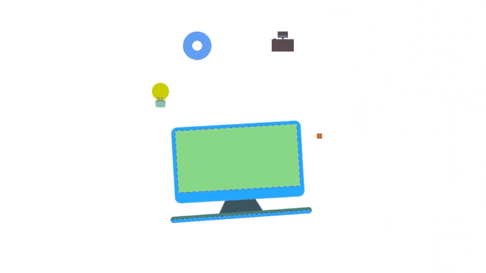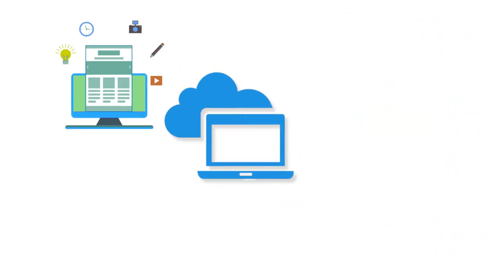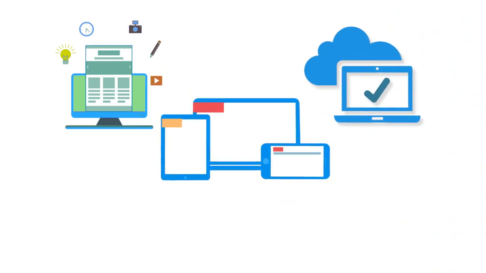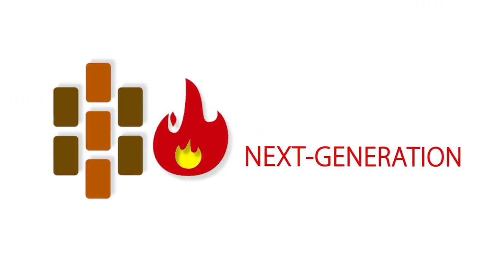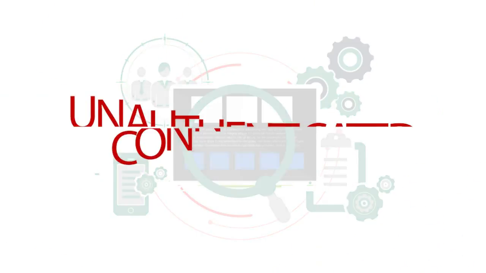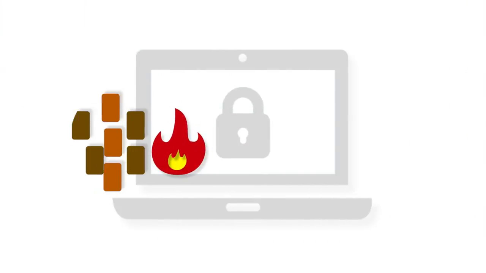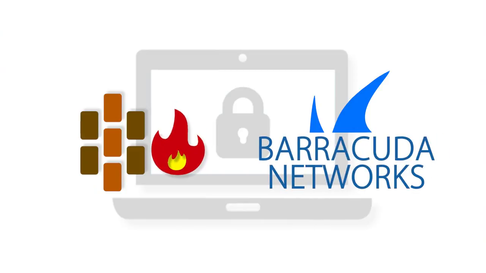With the growing trend towards virtualization, cloud migration, and increased use of software as a service, it is imperative to have a next generation firewall capable of protecting the enterprise network from unauthenticated connections. One of the most recommended options are the next generation virtual firewalls from Barracuda Networks.